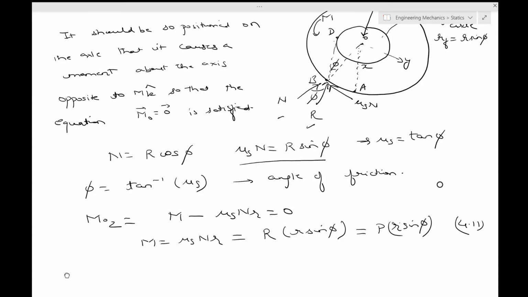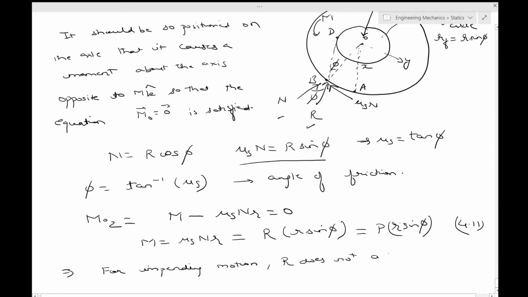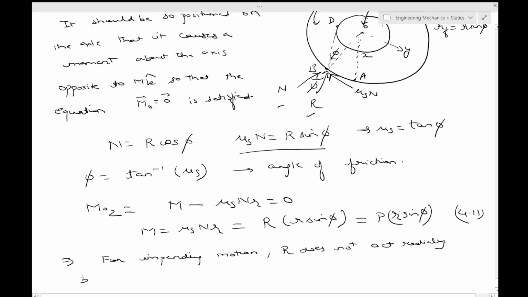So this implies that for impending motion, R does not act radially, but at a distance of Rf equal to r sin phi from the axis.